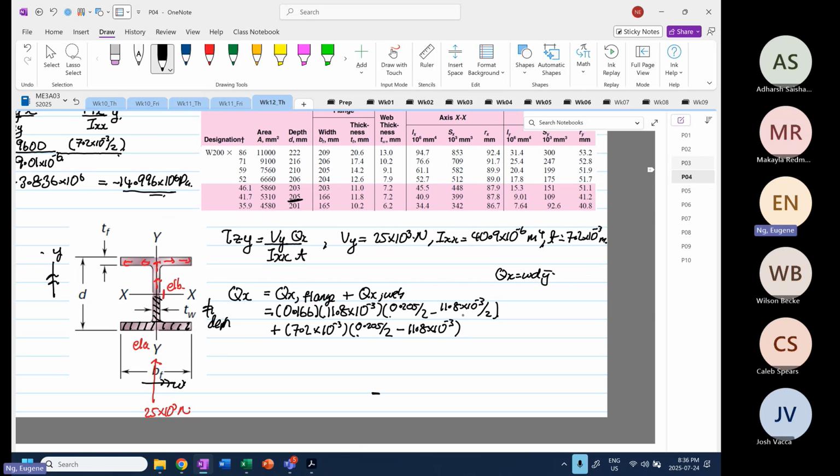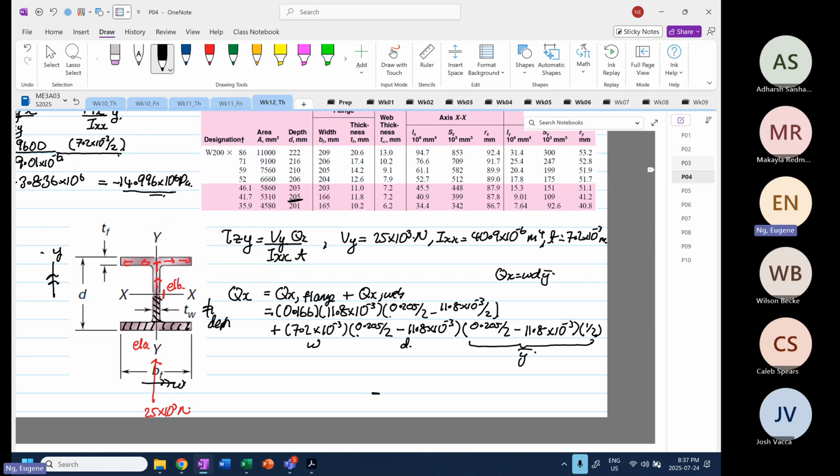And then the y bar is still the same, 0.205 divided by 2 minus 11.8 times 10 to the power minus 3, and then this is multiplied by half. So to clarify the method, this is width, depth, and this over here is your y bar.